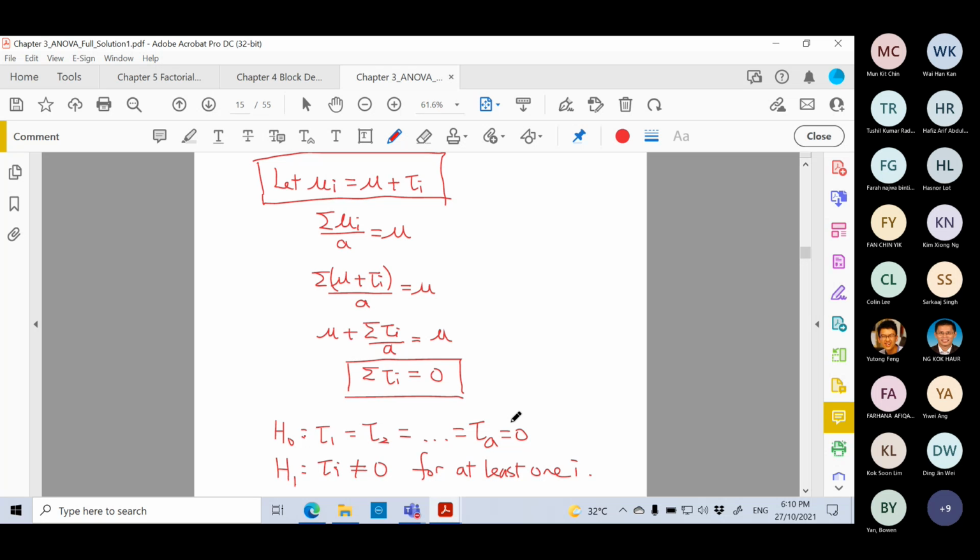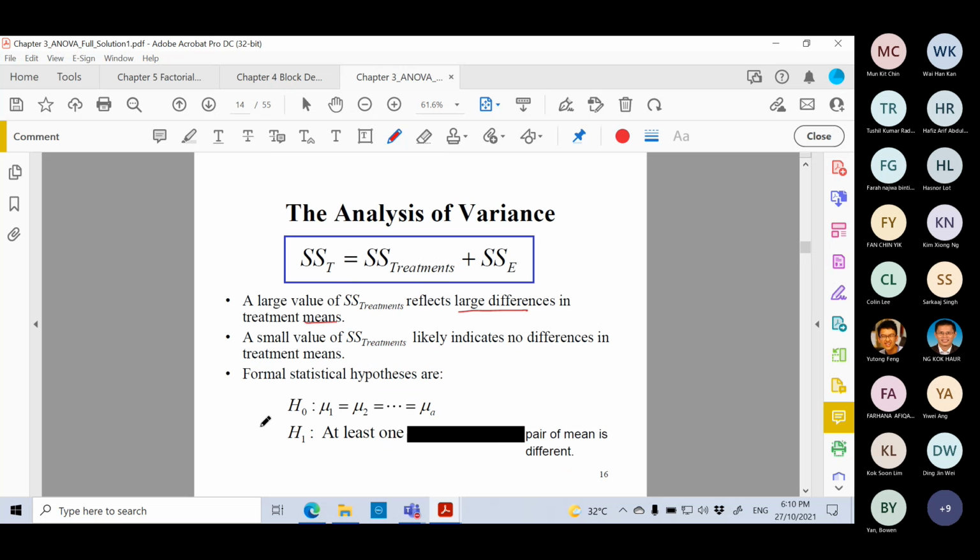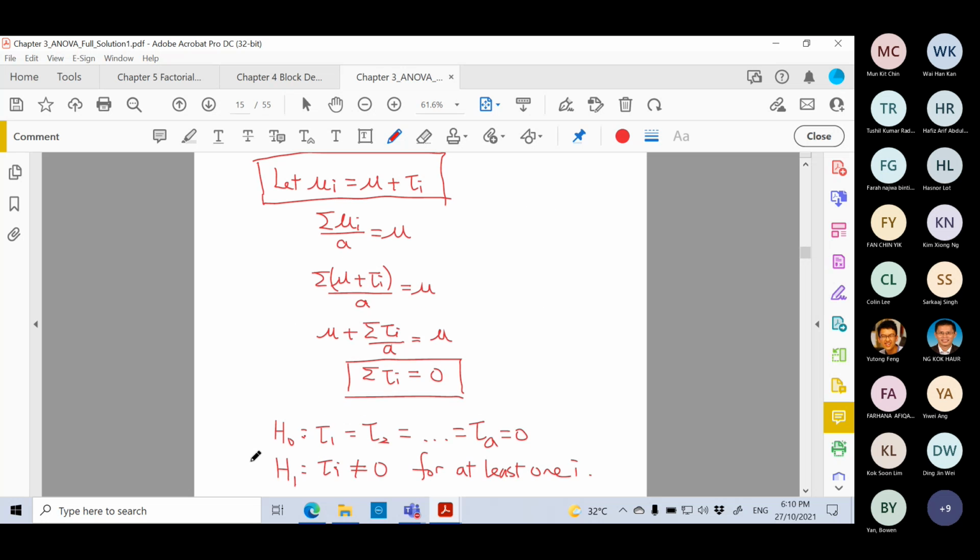So this we can write in this form, or for our alternative hypothesis, we say that tau i is not equal to 0 for at least one i. So when you want to write your hypothesis statements, you can write in this form, or you can write in this form. They have the same meaning.